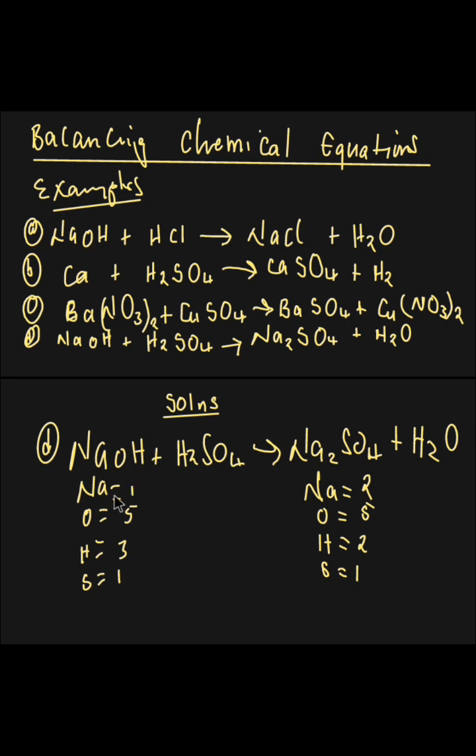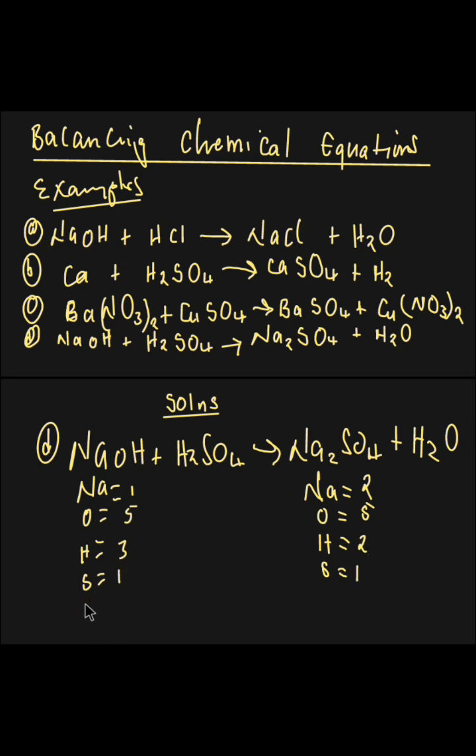So when you check, you realize that sodium is not balanced. Here on the reactant side we have 1 atom of sodium, whereas on the product side we have 2 atoms of sodium. But oxygen is balanced here and there. Then hydrogen also is not balanced. Here on the reactant side we have 3 atoms of hydrogen, and on the product side we have 2 atoms of hydrogen.